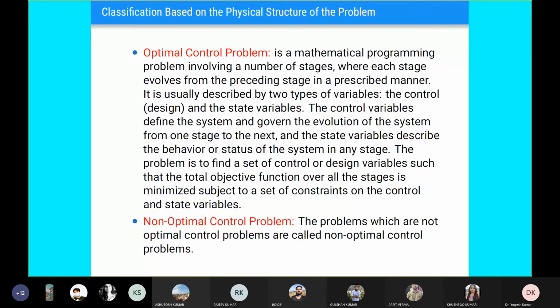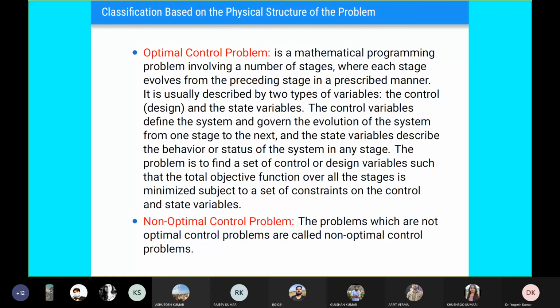by a certain mathematical expression. In that way, we have to calculate the objective function at one stage, then only we will be able to calculate the value of the objective function for the next stage.